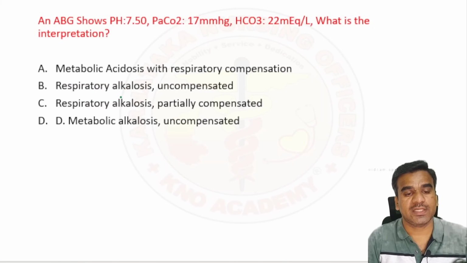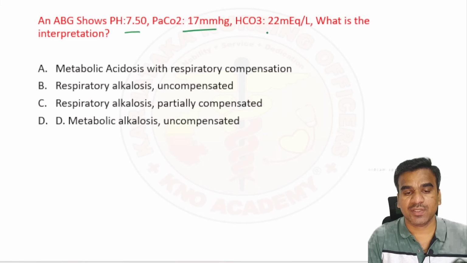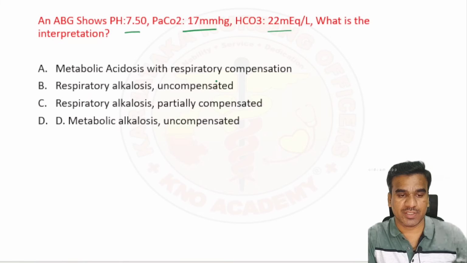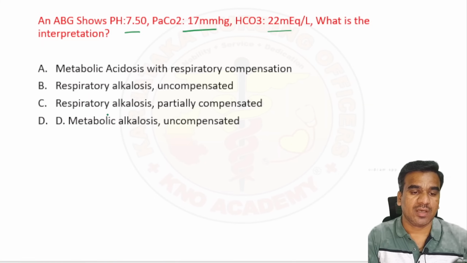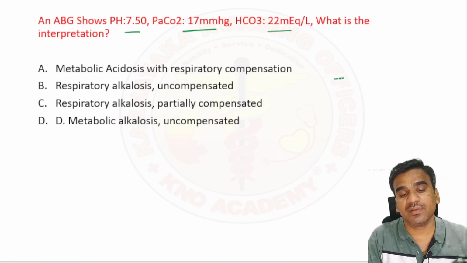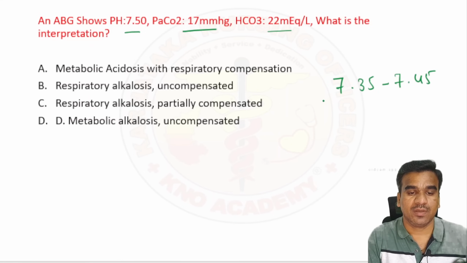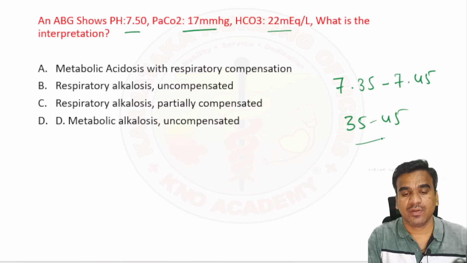Next, the ABG shows pH 7.50, PaCO2 17 mmHg, and HCO3 22 milliequivalent. What is the interpretation of this ABG? This ABG is respiratory alkalosis. How? The normal pH is 7.35 to 7.45, PaCO2 is 35 to 45, and HCO3 is 22 to 26.